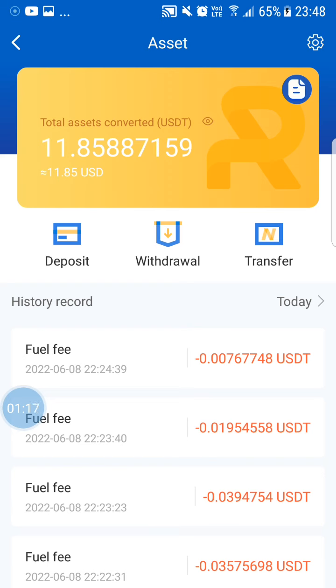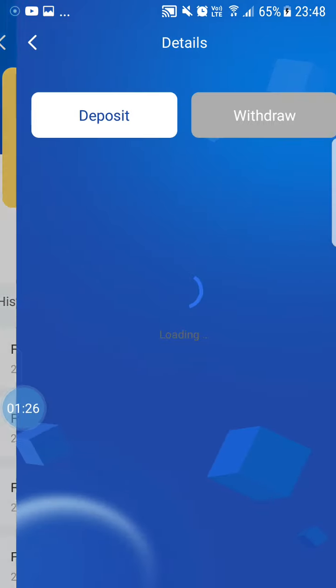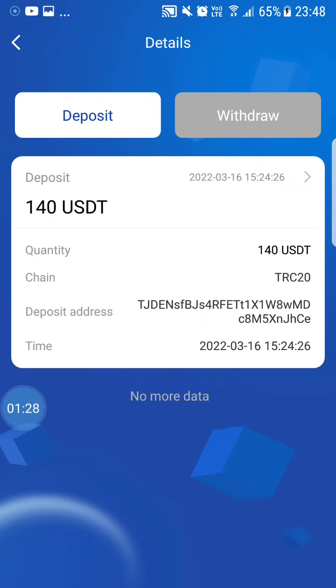Now, on the yellow background there, on the top right corner, there is a page-like icon. I click on that. You are able to see the deposit history: 140 USDT was deposited, and of that 140, 20 USDT was for the gas provision, and the 120 was for subscription of the bot.